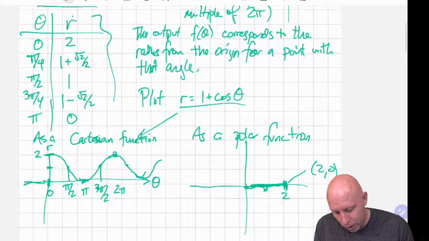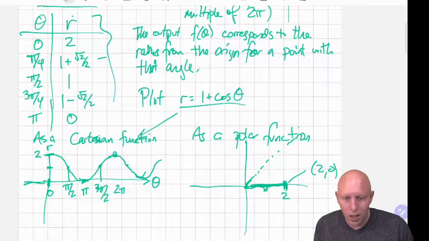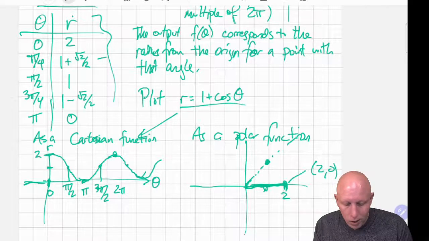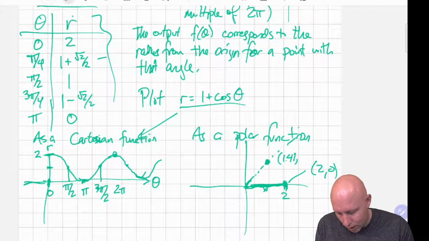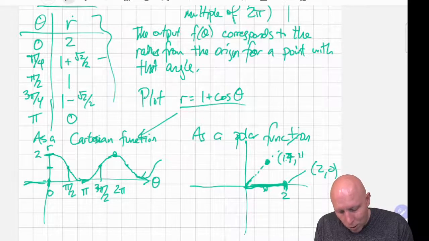Now we're going to talk about the next point, which is pi over 4. This is the angle pi over 4, and we want to go 1.707 in the radius direction at an angle of pi over 4.